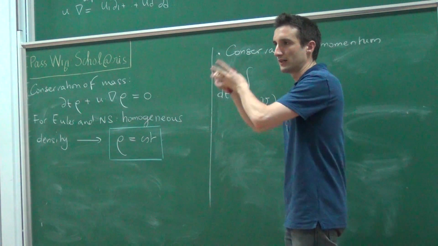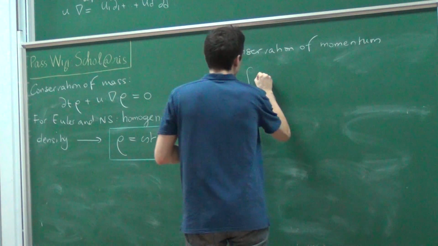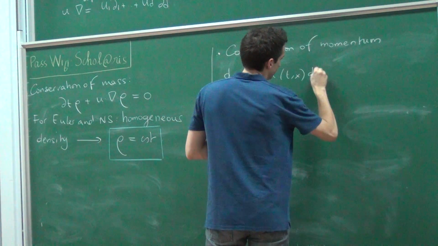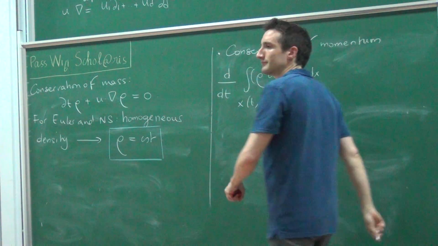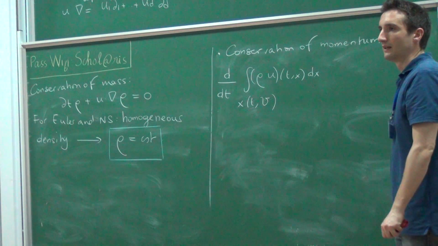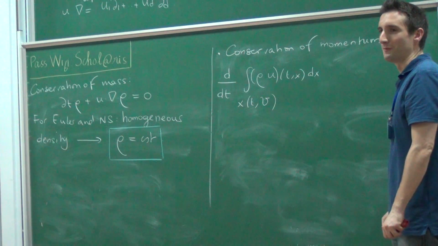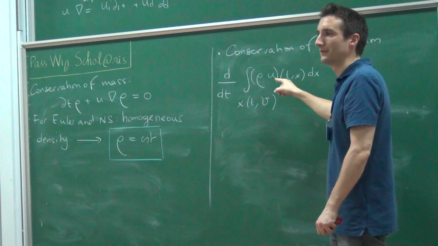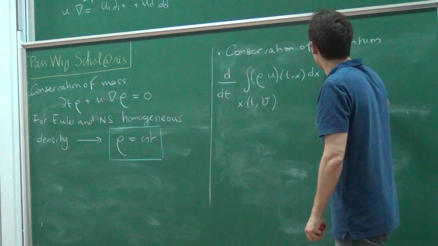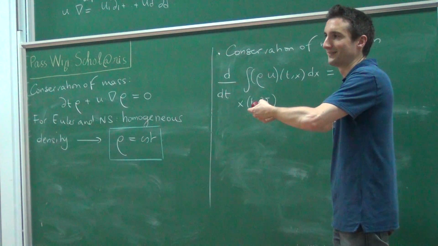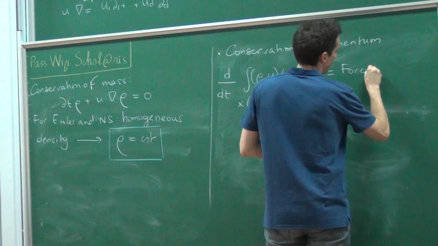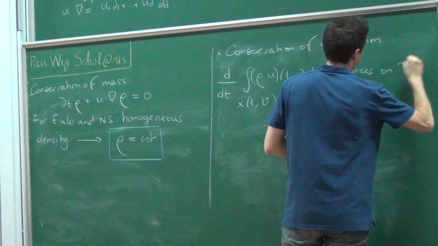It's mass times velocity. So you will recover rho times u. And conservation of momentum is saying variation of momentum is given by forces on the volume. So this should be forces on V.